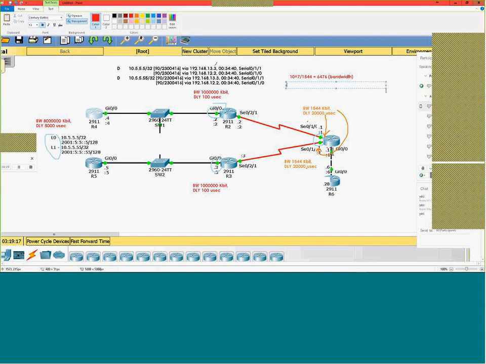Yes, Kailash, we'll get there. 20,000 plus 100 plus 5,000 equals 25,100, and we divide that by 10, which equals 2510.